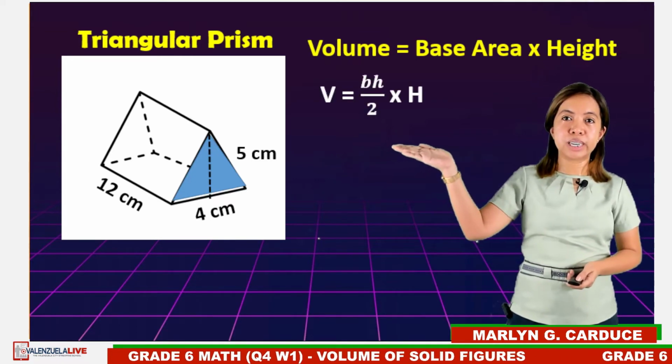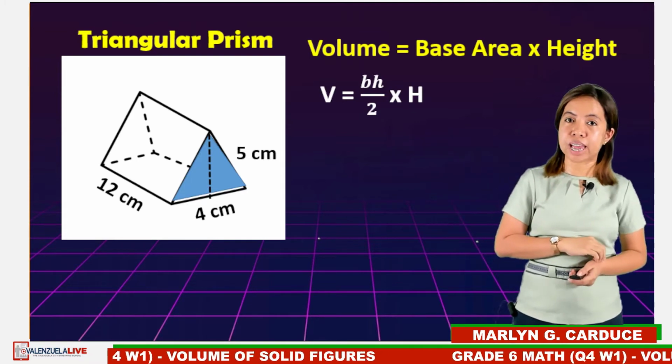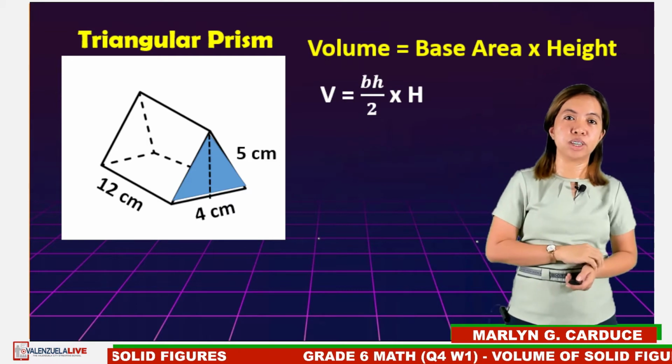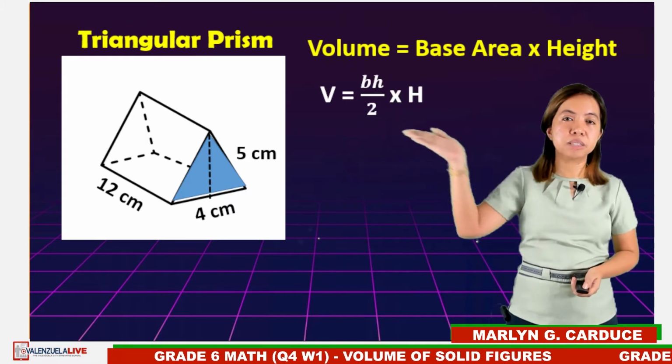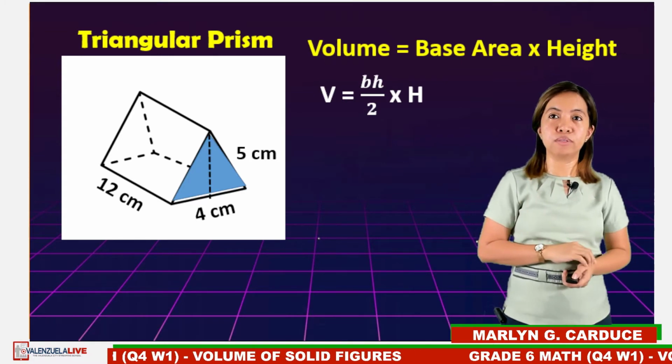Therefore, the volume is equal to base times height times the height of the solid figure. The height here in the base area pertains to the height of the base of the solid figure.